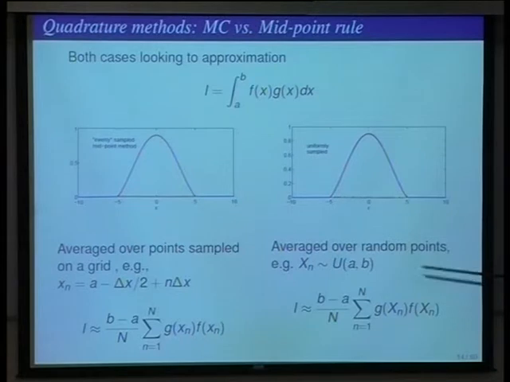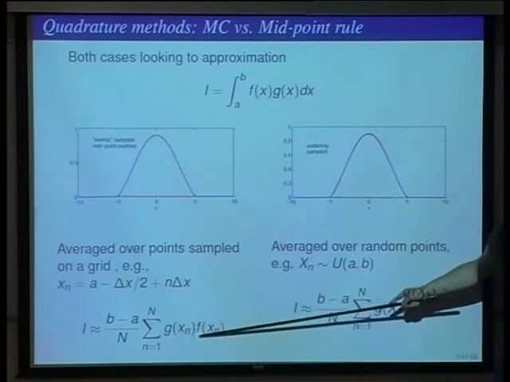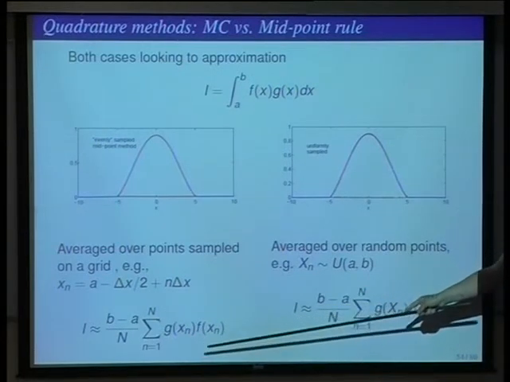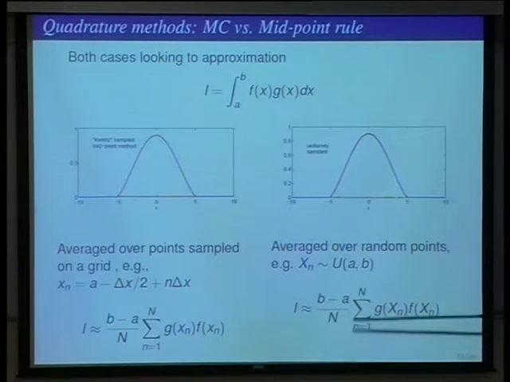But if we're looking at uniform, we're really doing the same thing, a weighted sum of function evaluations. That's what numerical integration is. What's different is where you evaluate the function. In Monte Carlo methods, we choose that randomly. In a grid-based method, you tell me where to sample it.